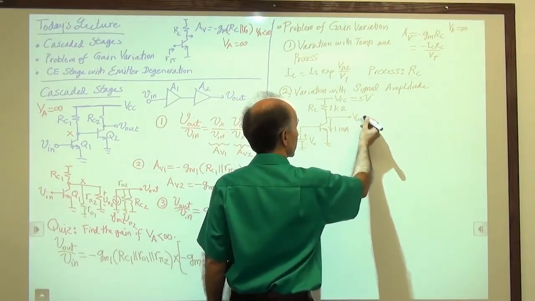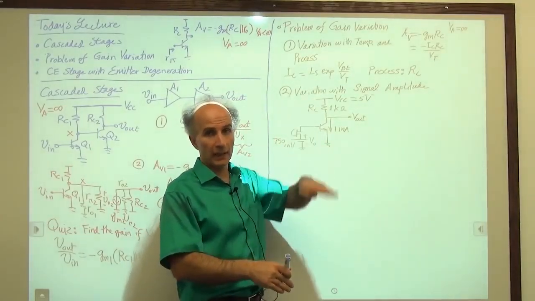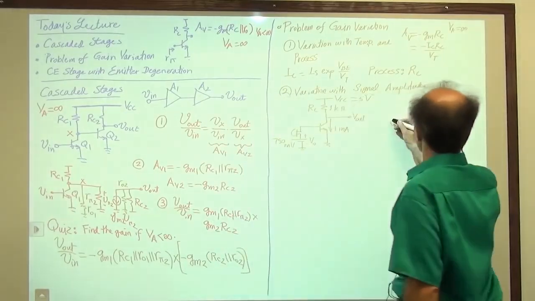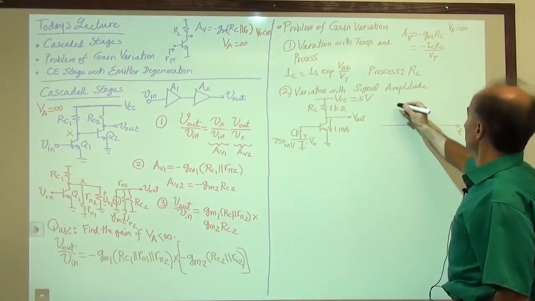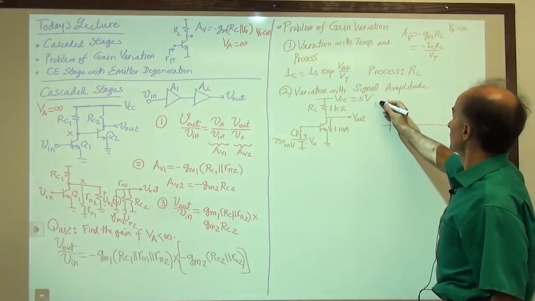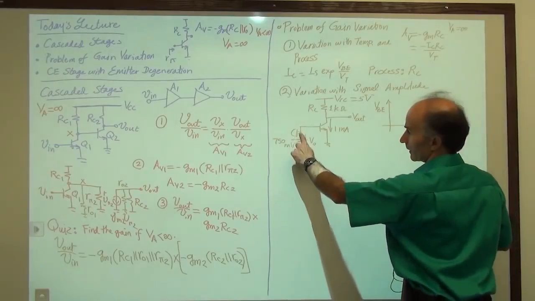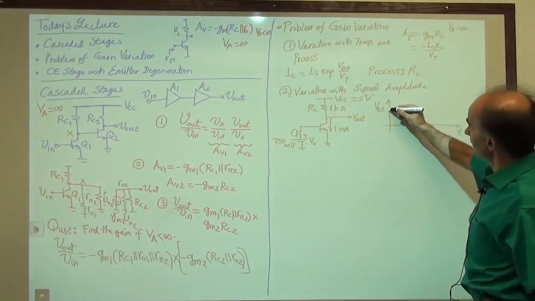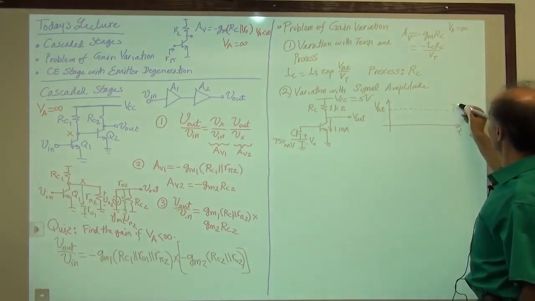Remember that these are always very good because they show us both the bias level and the signal fluctuations. Okay, so here's what we have for the base emitter voltage as a function of time. So VBE. Without the signal, when this voltage is 0, we have 750 millivolts here.